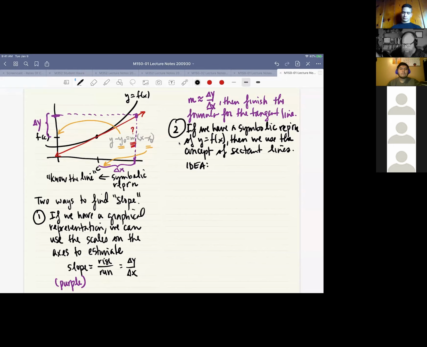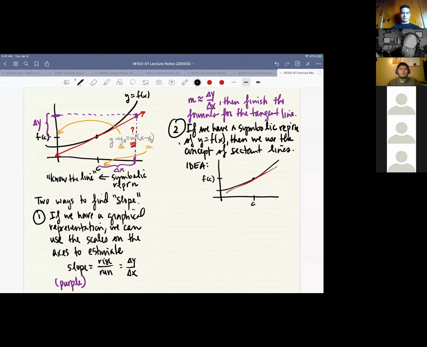And I'm going to use a graphical representation of what's happening, and then I'll change that into a symbolic approach that I'm trying to make sure you understand or appreciate. So here's the graph of our function. There's the point. There's the value at the point. Here's my sketch of the tangent line.